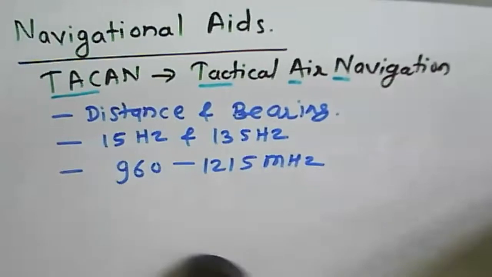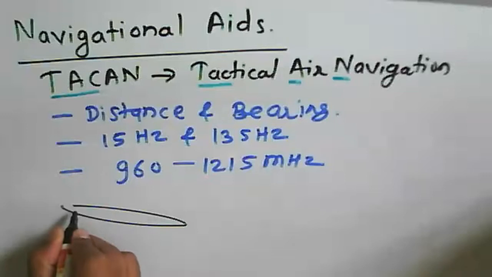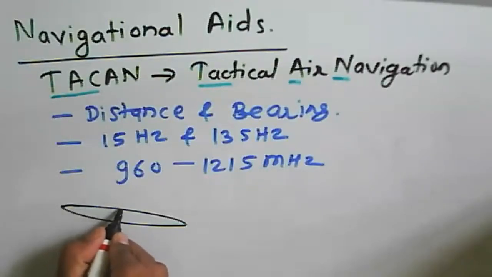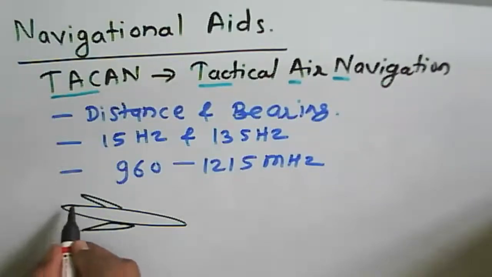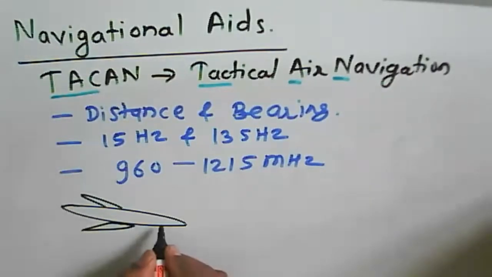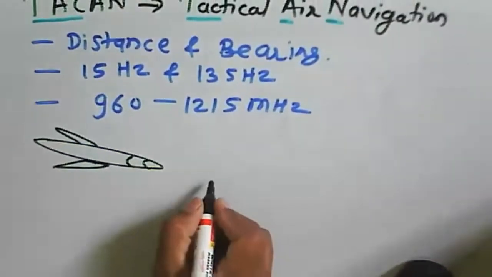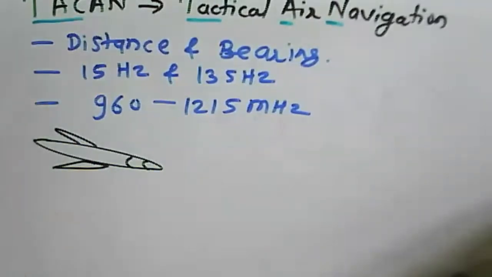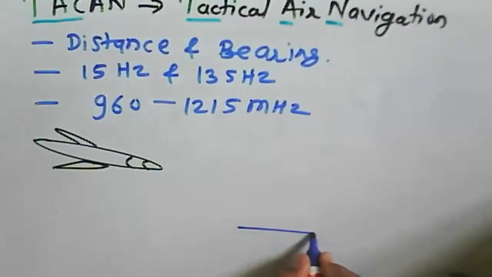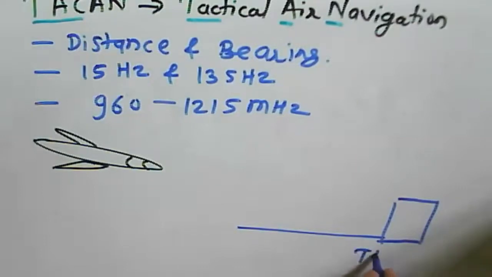For example, consider this one is an aircraft now, and then the ground station. Consider this one is a TACAN ground station.